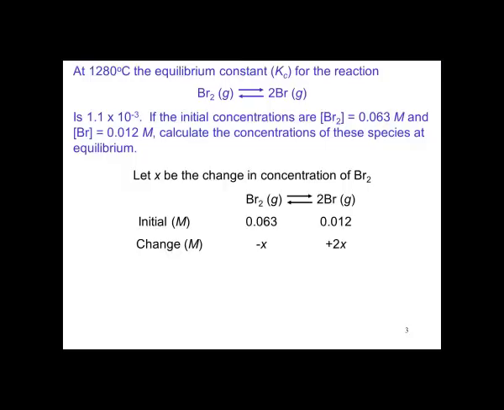Positive because it's appearing, and 2 because there's a coefficient of 2 in front of Br. At equilibrium, we sum up the two lines, 0.063 minus x and 0.012 plus 2x. This table is called ICE, or the ICE table.